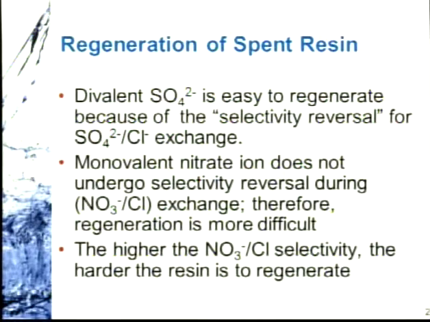But other monovalent ions like nitrate don't undergo that selectivity reversal, and so they can be harder to displace off the resin with a strong sodium chloride solution. And the higher that selectivity ratio of nitrate to chloride, the harder it is to regenerate those resins. So for the advantage you get for using a nitrate selective resin, you get the disadvantage of needing more salt to regenerate it. You know, more pounds of salt per nitrate removed in cubic foot of resin you've got to begin with.